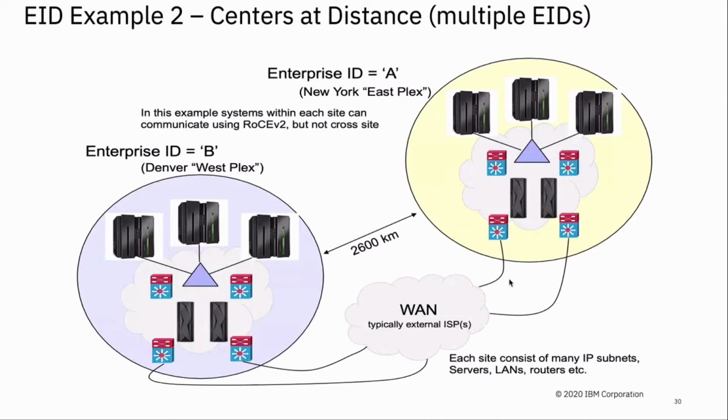And again, in this case, you might manage these systems and they might communicate with TCP/IP, but of course, we would say that these might be managed with different EIDs. And again, we'll talk more about movement of systems when we get to SMC-R version 2, but we do realize that you can move systems from one data center to the other, and this may happen regularly. And what we'll talk about is that your EIDs may be location-based.